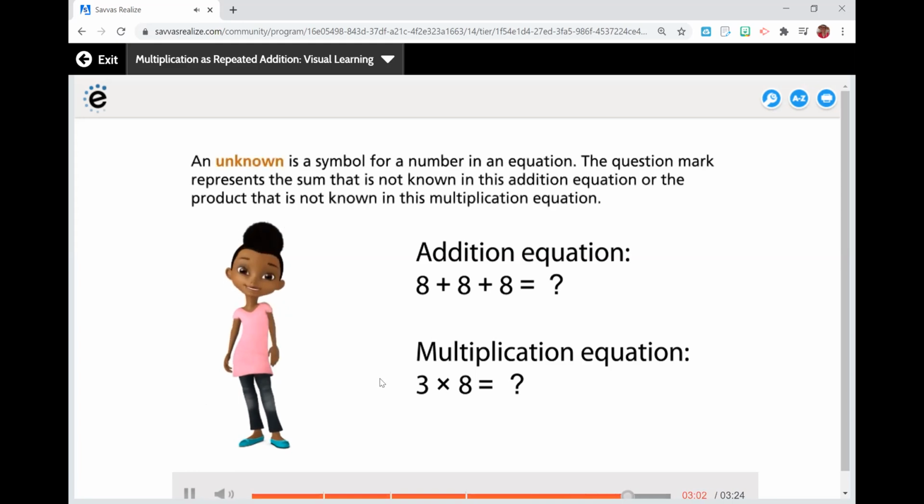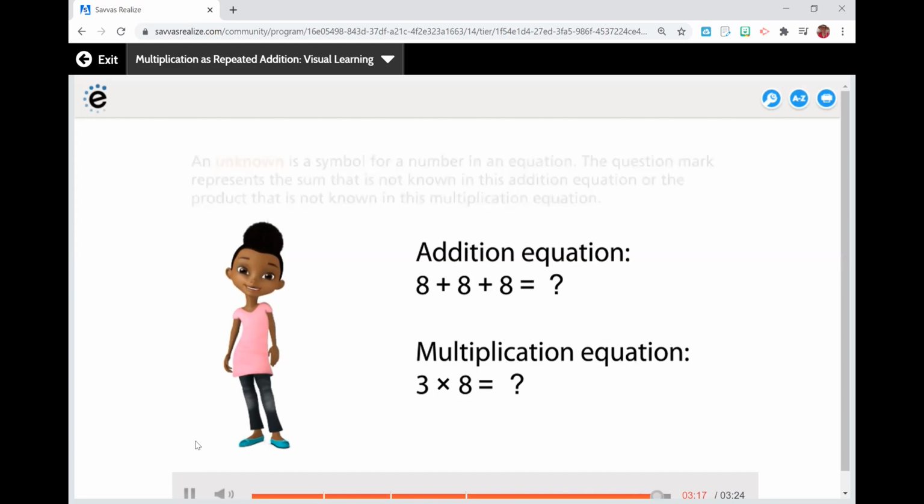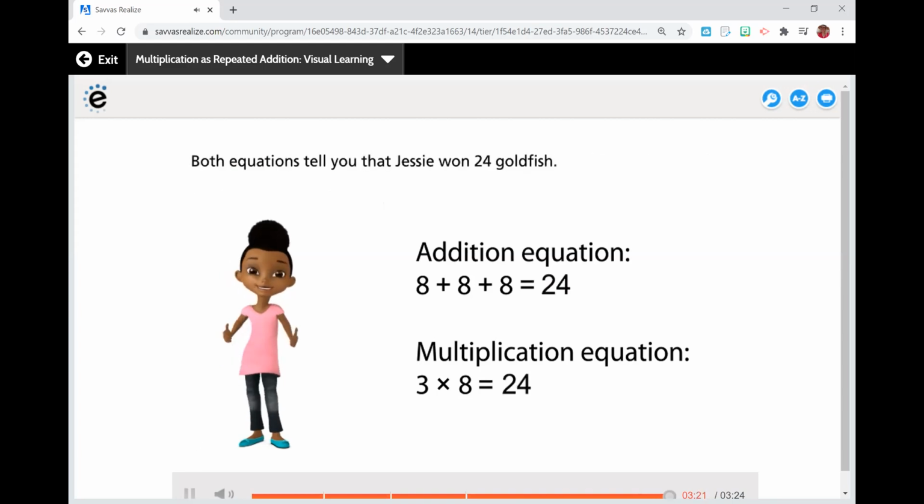An unknown is a symbol for a number in an equation. The question mark represents the sum that is not known in this addition equation, or the product that is not known in this multiplication equation. Remember, the sum is the answer to an addition problem. Both equations tell you that Jessie won 24 goldfish.